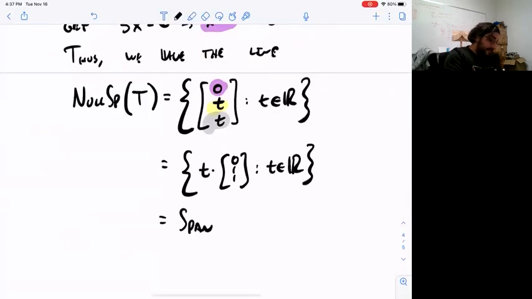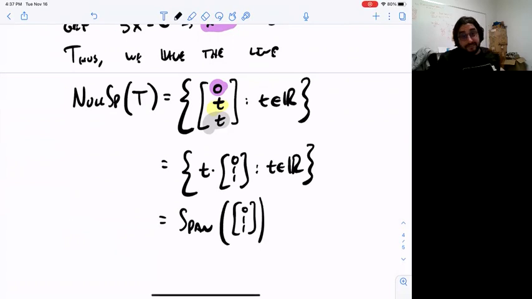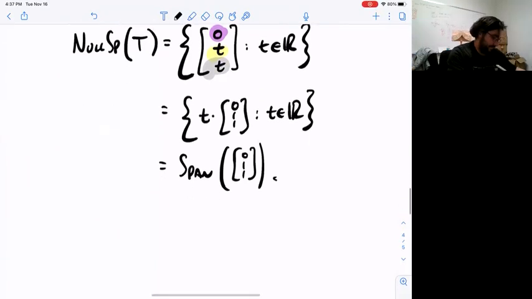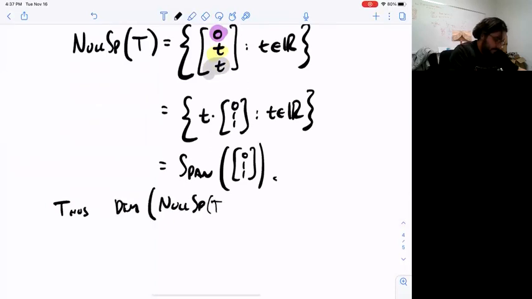Another way to say that is it's the span of this vector, 0, 1, 1. So again, I got a one-dimensional null space for this map T.